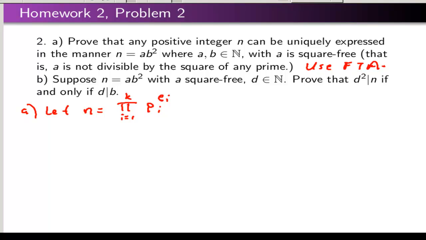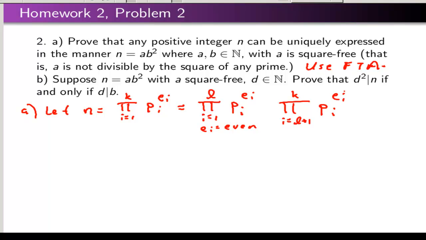So break it into two different collections. You can reorder them, so say the product up to L are the ones where ei is even, and then the product with i from L plus 1 to k are the odd powers.